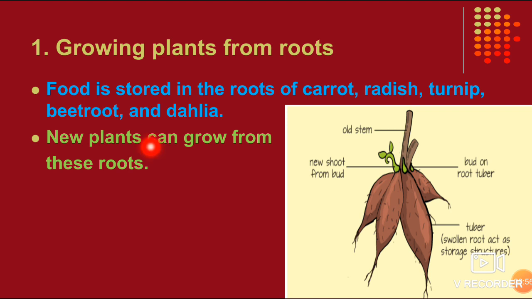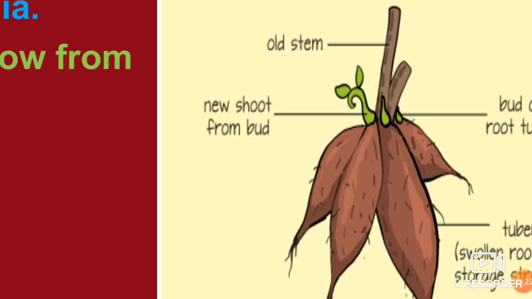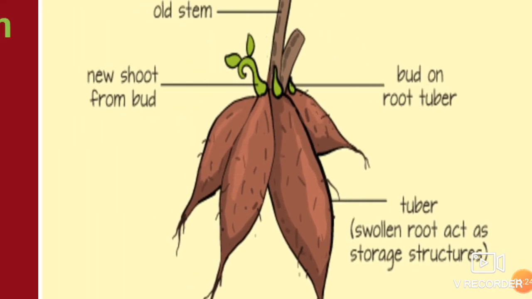Food is stored in the roots of carrot, radish, turnip, beetroot and dahlia. There are a few examples here. This one is sweet potato. These roots are capable of storing food, and they are helpful in growing new plants. Here you can see the root of sweet potato, and it is able to store food.